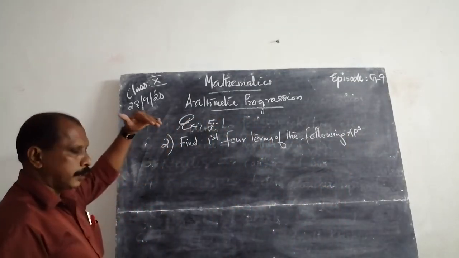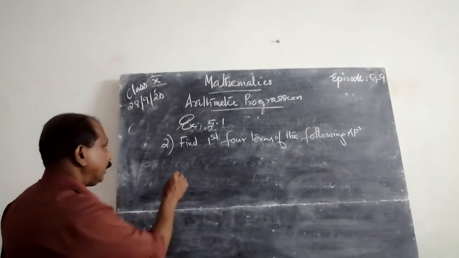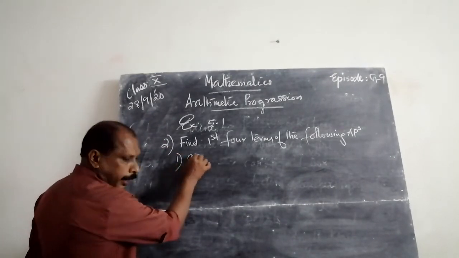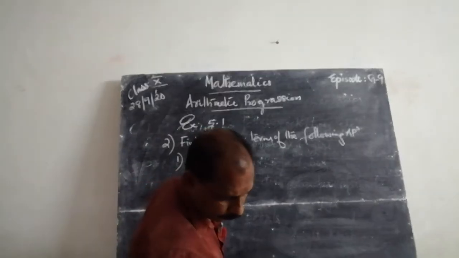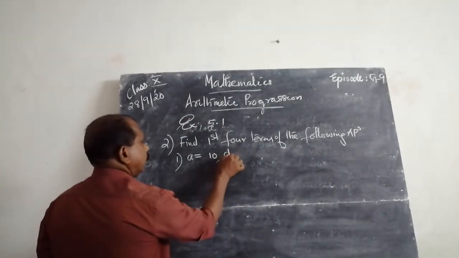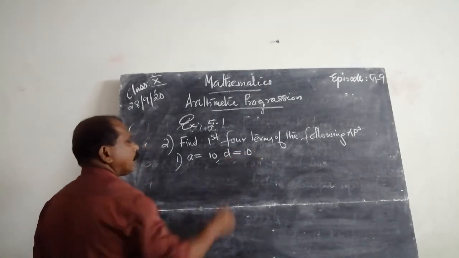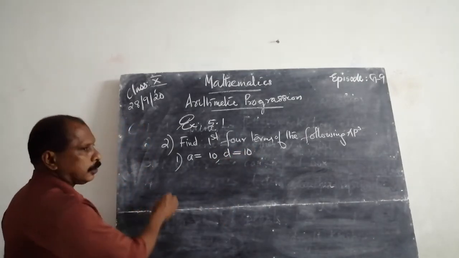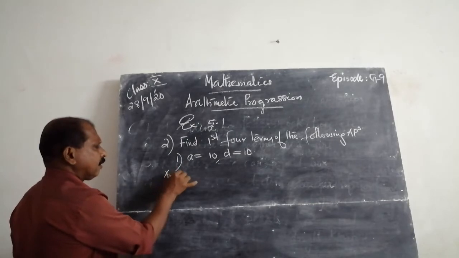Then in the second question, the first one is A is equal to 10, D is equal to 10. Answer is one of the simple questions.